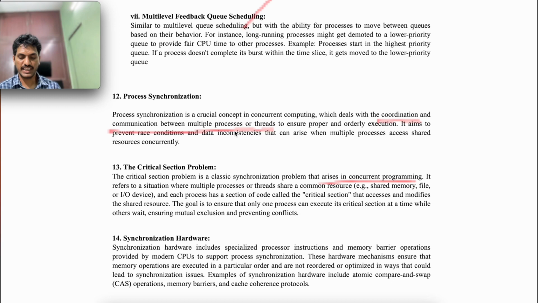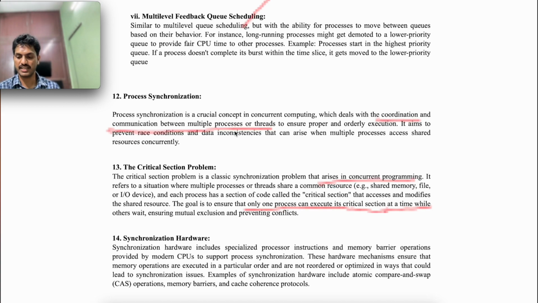Here, the important thing is only one process can execute in its critical section at a time. So, multiple processes are competing to enter the critical section, and only one process should be given the entry.